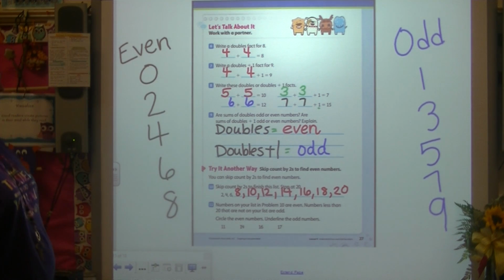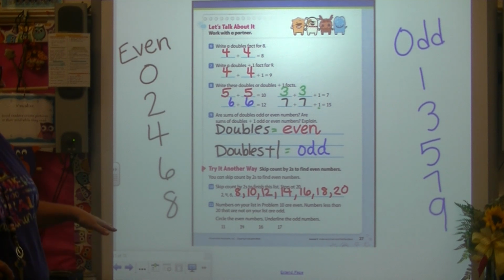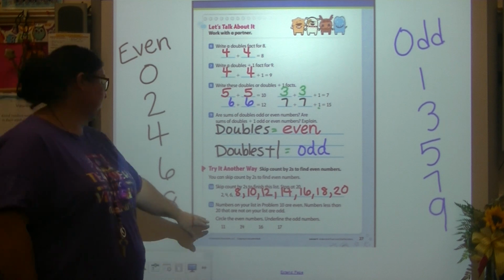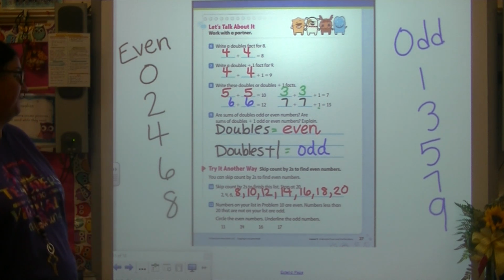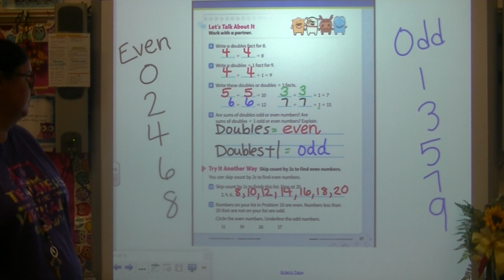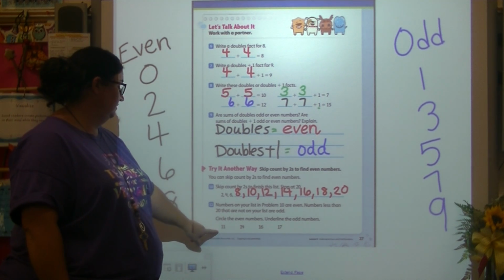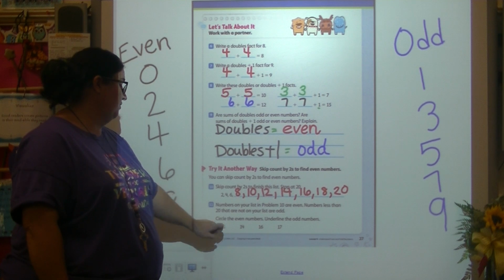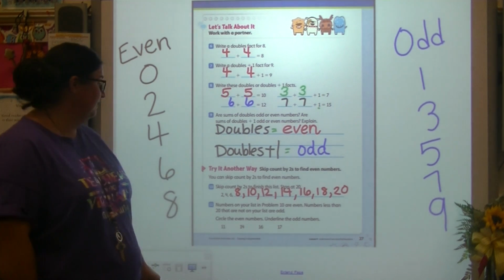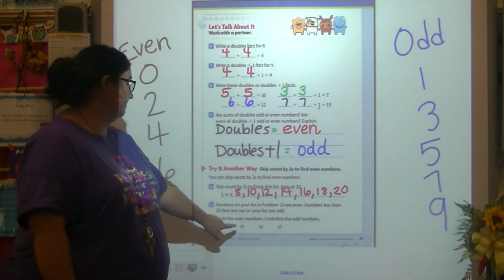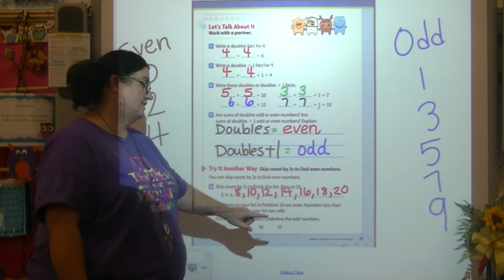Now, number 11 says numbers not on this list are odd numbers. Now, look at the numbers below. Circle all of the even numbers. Is 11 even? No. 14. Is 14 even? Yes, it is.